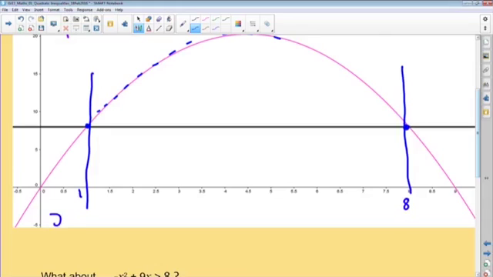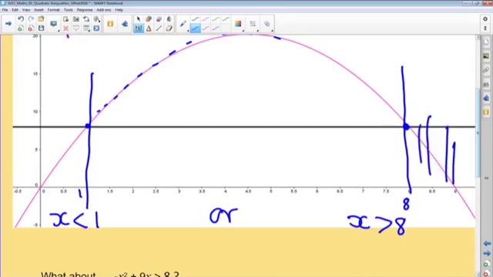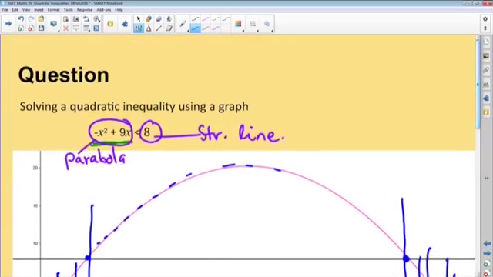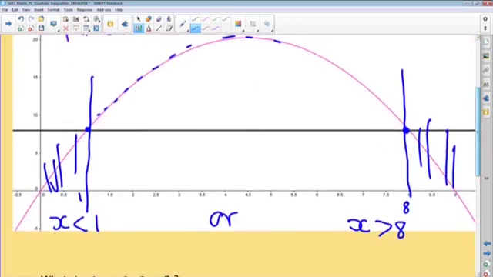Your x should be less than 1, or x is greater than 8, because from this point up, the parabola is below the straight line, and then this point going below 1, it is below the straight line graph.